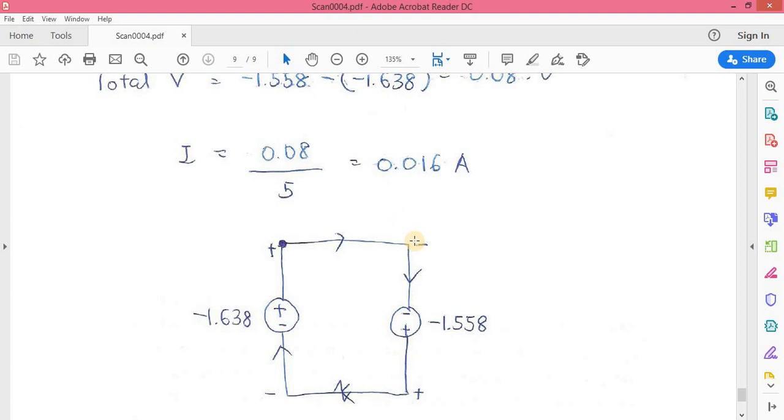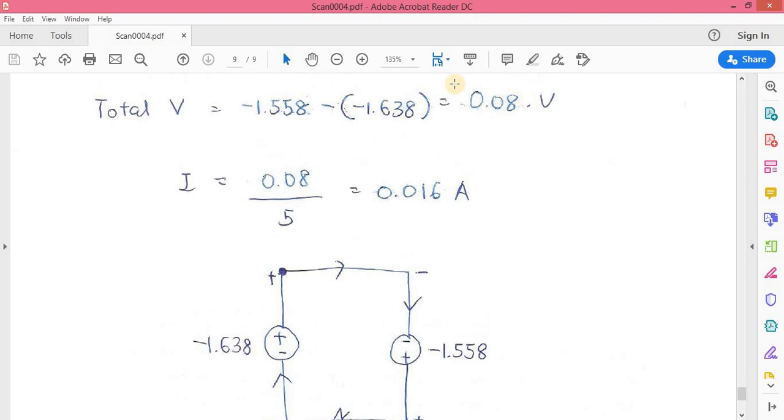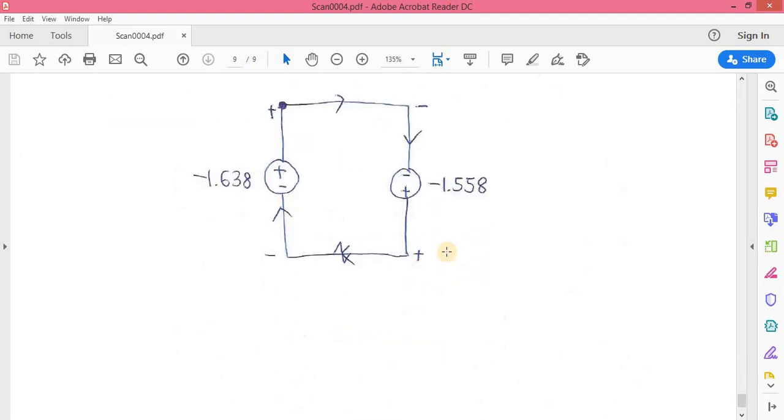If you combine them, it will be negative 1.558 minus, since you have to follow the loop, minus the negative 1.638. So you get 0.08. This is your voltage, and when you need to find the current, you just divide by the resistance, and you will get negative 0.016 ampere. So this is exercise 6.